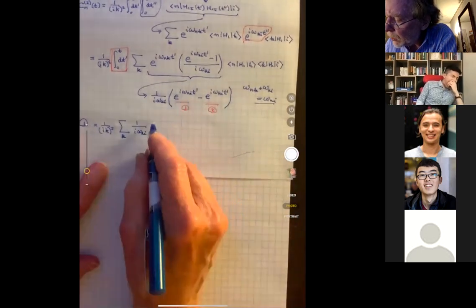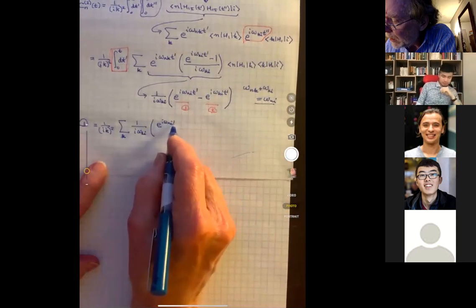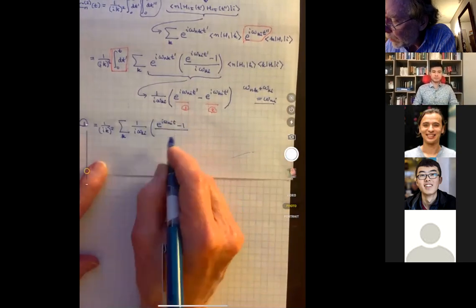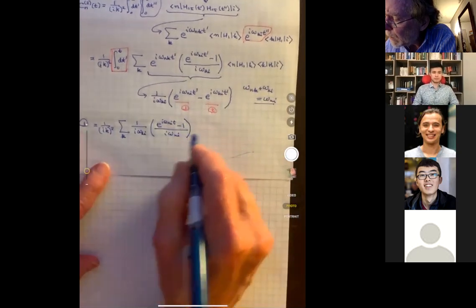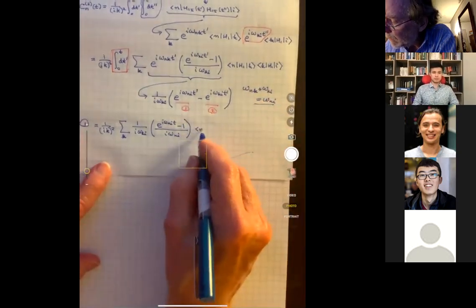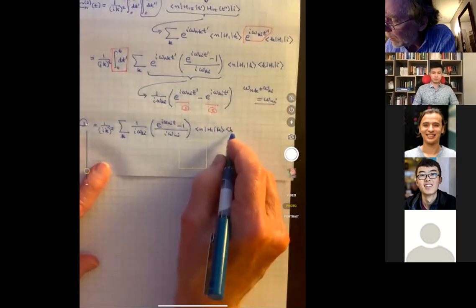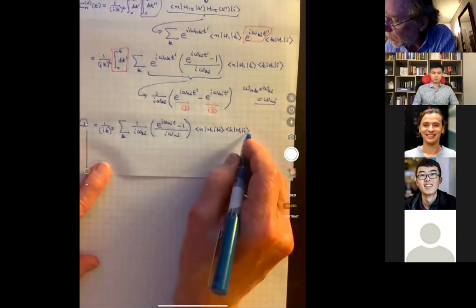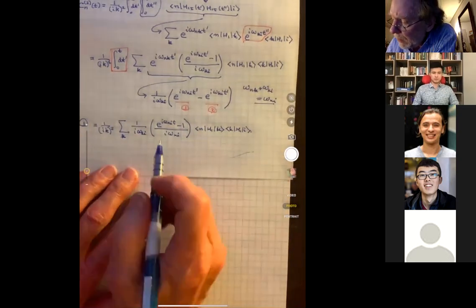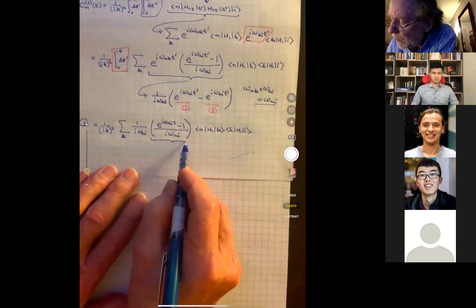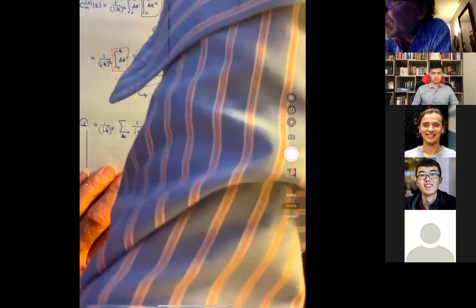Doing the integral of that first factor, we get e to the i omega ni t minus 1 over i omega ni. Then we get the product of the matrix elements n H1 K, K H1 I, like so. The interesting thing about this is that this time-dependent factor that appears here is the same one that occurs in first-order time-dependent perturbation theory.